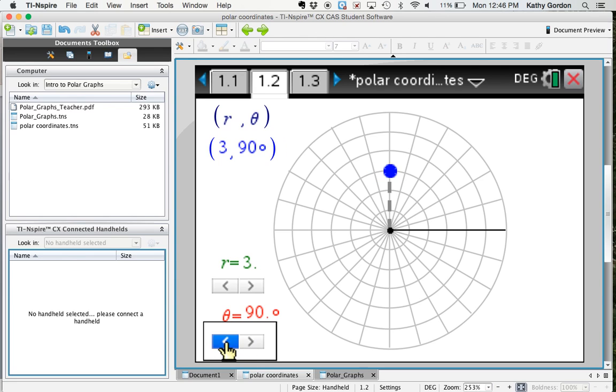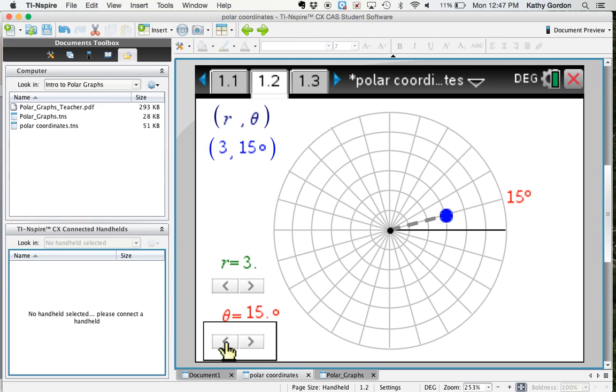You can see that my angle measure is changing by 15 degrees each time. Okay, on your paper, it's a little bit different, where your radiating lines out from the center are simply at the unit circle angles.